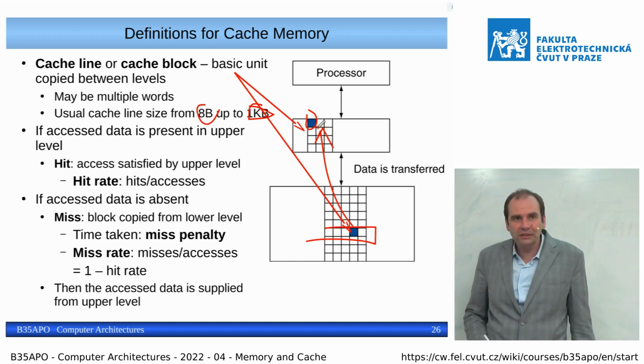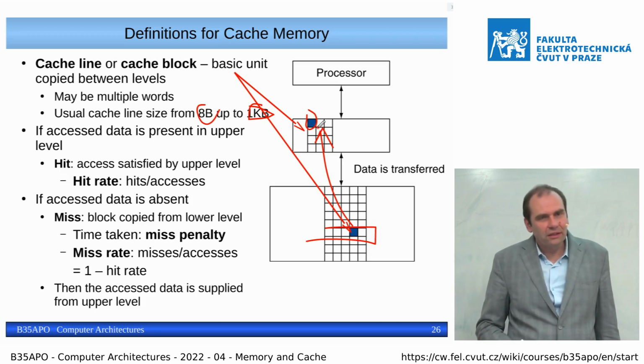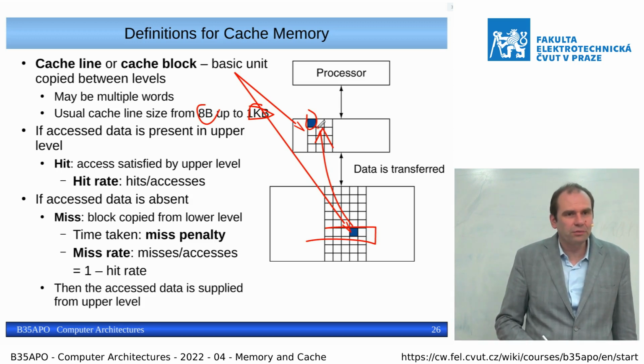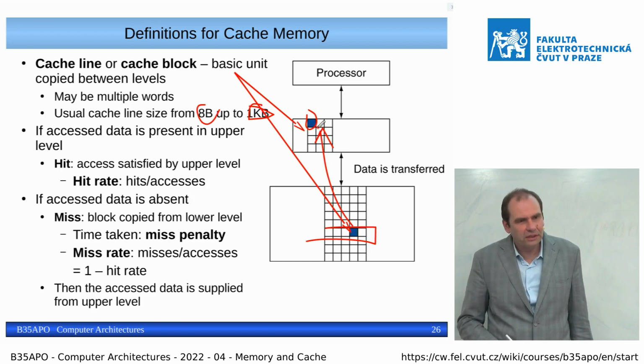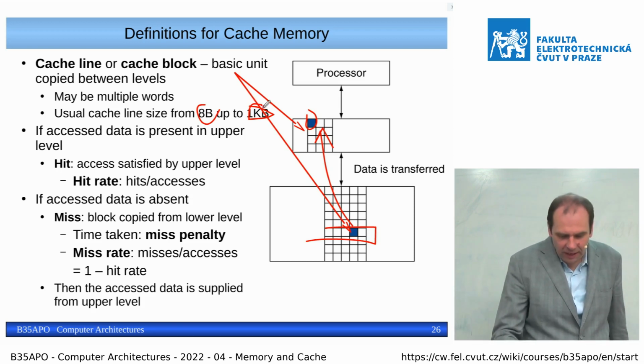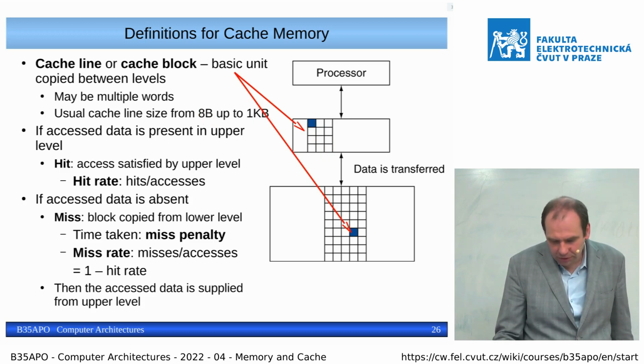A typical block size used to be 32 bytes. Today it is more, even on small ARM CPUs, 64 bytes. Some systems have 128 bytes per block, and for supercomputers it is possible to have even bigger blocks.